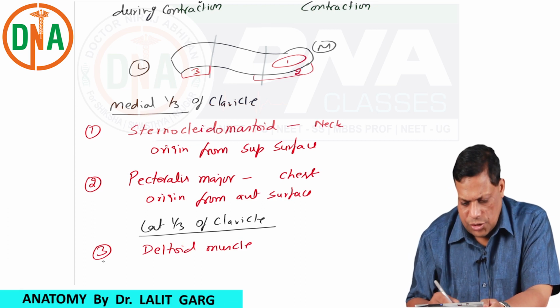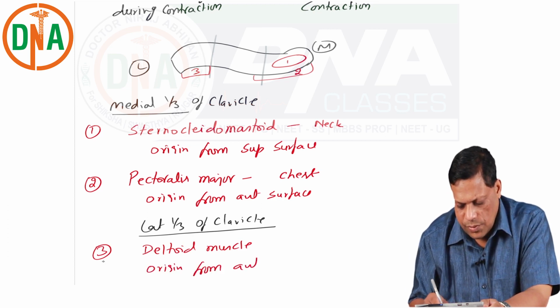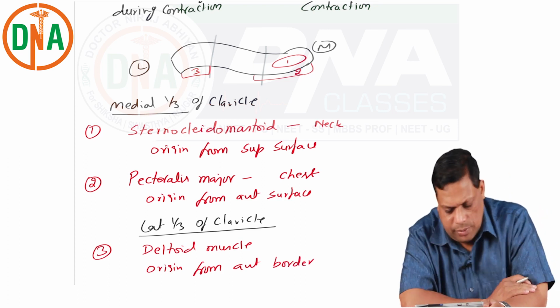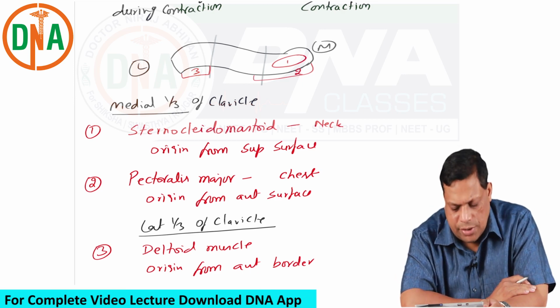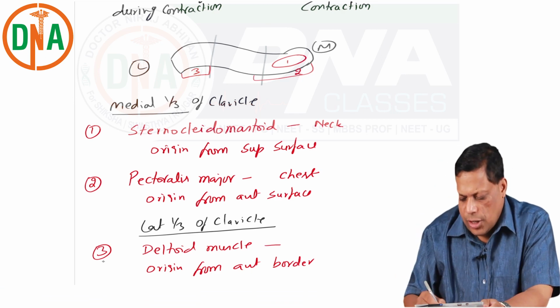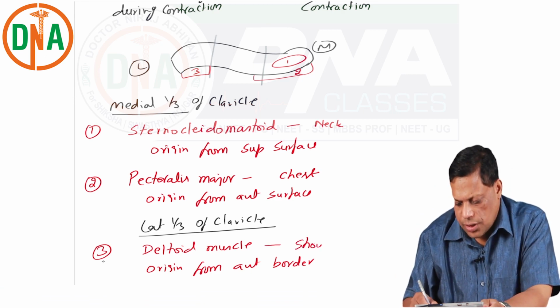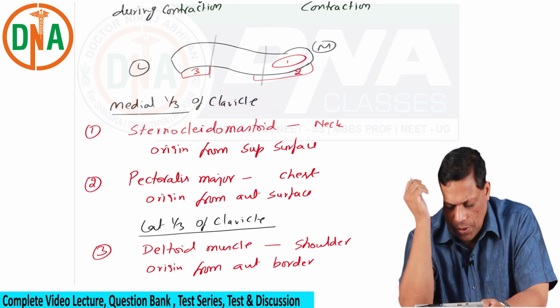Deltoid muscle originates from the anterior border of the lateral 1/3 of clavicle. This deltoid muscle is the muscle of the shoulder region.